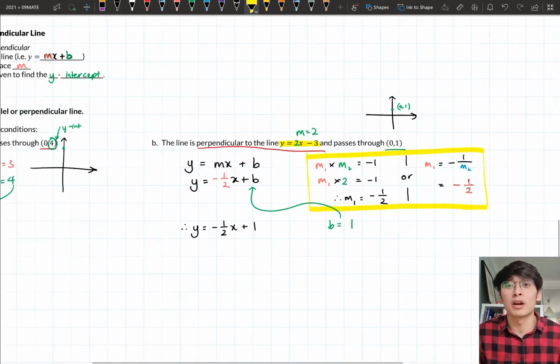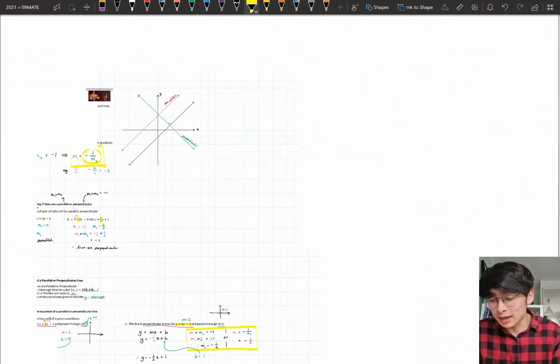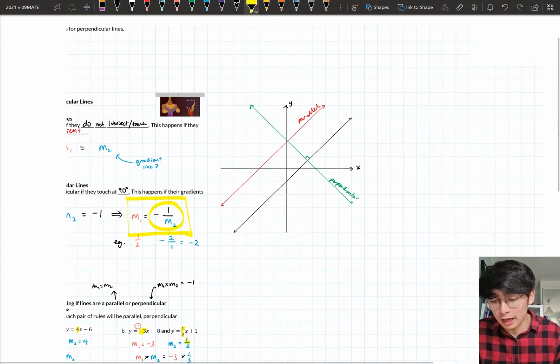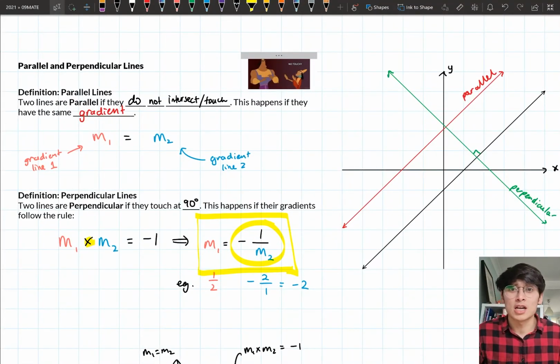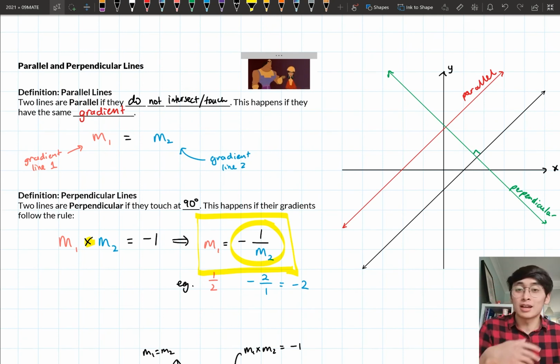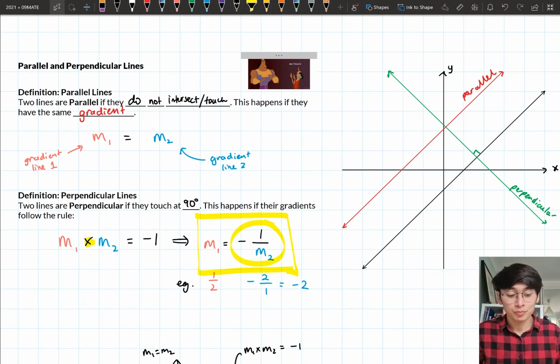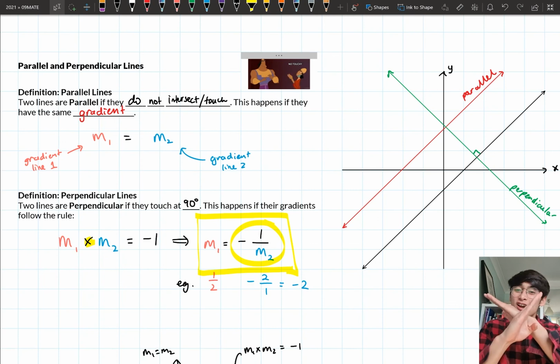Let's do a quick summary of what we talked about in this lesson. In today's lesson, we started talking about parallel and perpendicular lines. Parallel lines are lines that do not touch, so no touchy. And the way that we know that two lines never touch is if they have the same gradient. The gradient of the first line is the same as the gradient of the second line. The next one was perpendicular lines. Perpendicular lines meet at 90 degrees.